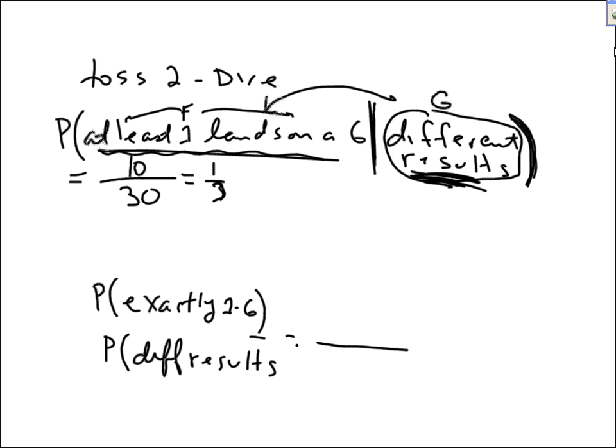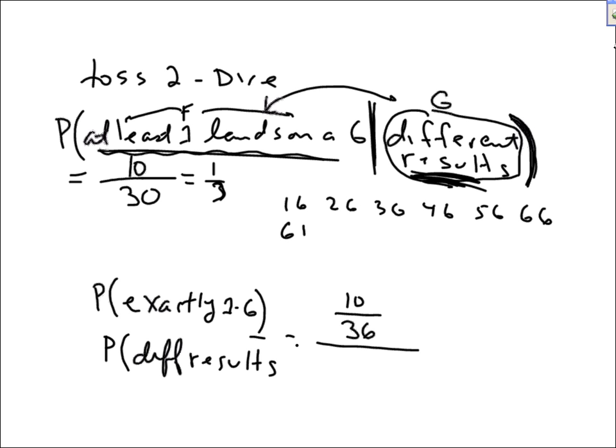Now, what's the probability you get exactly one 6 when you toss 2 dice? Well, there are 36 outcomes, and exactly 10 of them have exactly one 6. You can have a 1 and a 6, and a 2 and a 6, a 3 and a 6, a 4 and a 6, a 5 and a 6, a 6 and a 6.